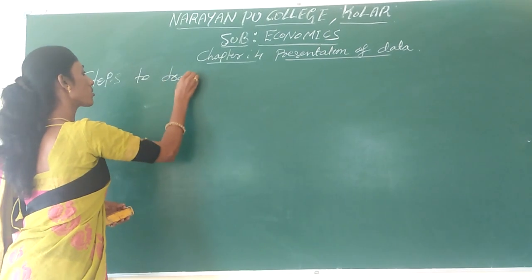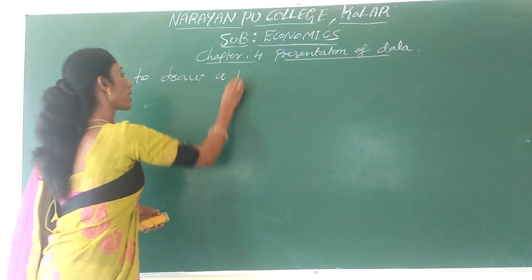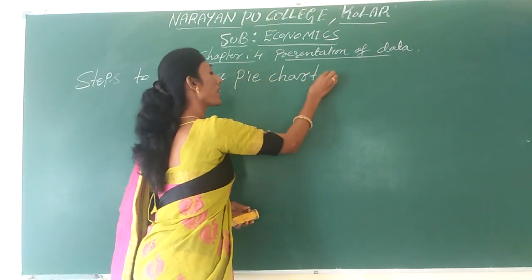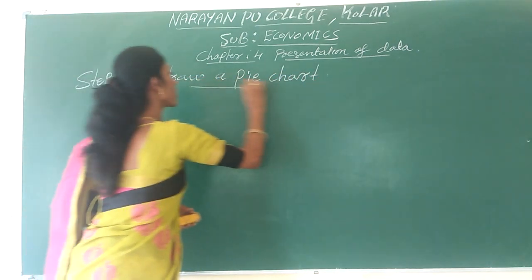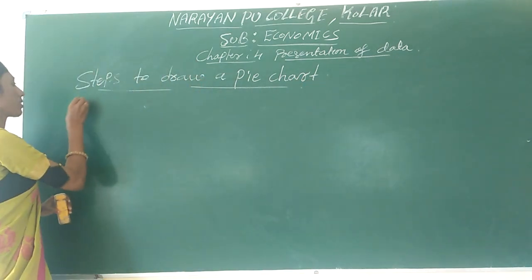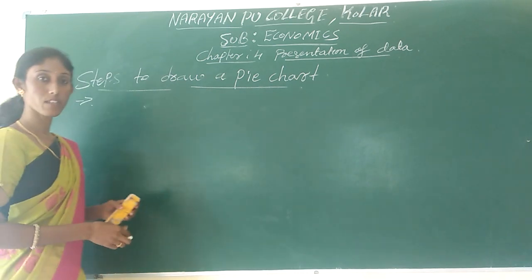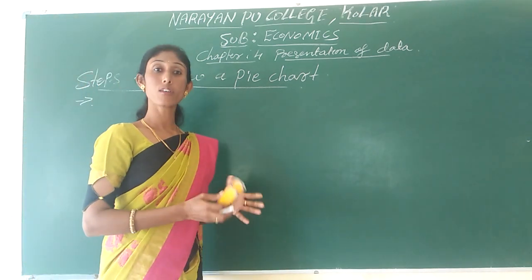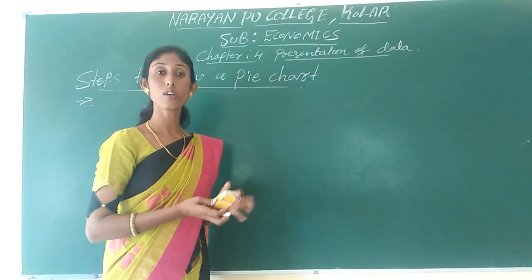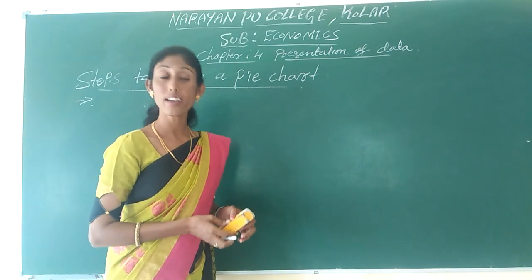Steps to draw a pie chart or pie diagram. There are mainly 4 steps. In that, the first step is we need to convert the data into angles.